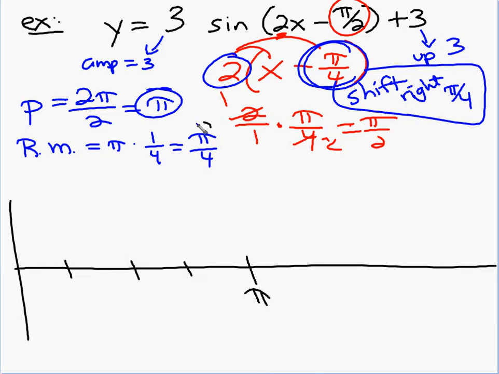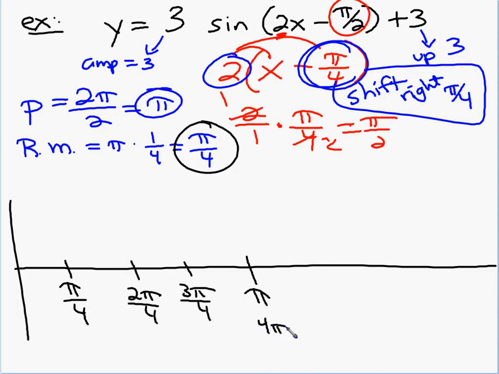I know that my road markers are pi fourths. So I'm going to go 1 pi fourths, 2 pi fourths, 3 pi fourths. And this one, of course, is 4 pi fourths. And wouldn't the next one be 5 pi fourths? Couldn't I just keep going if I needed to? I could, because I might need those when I do my shift in a second.